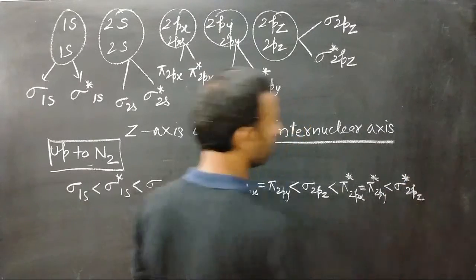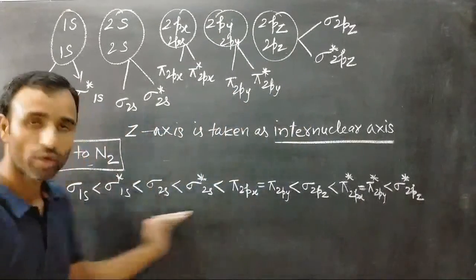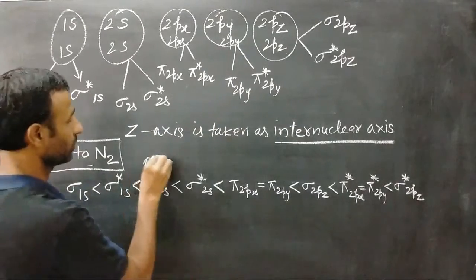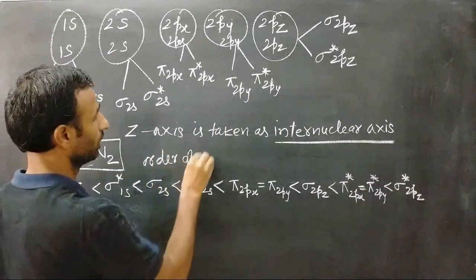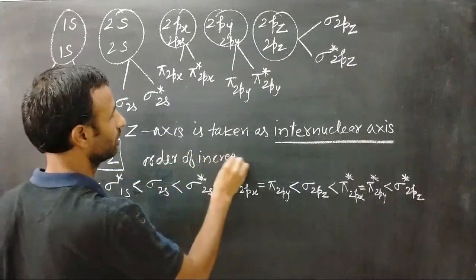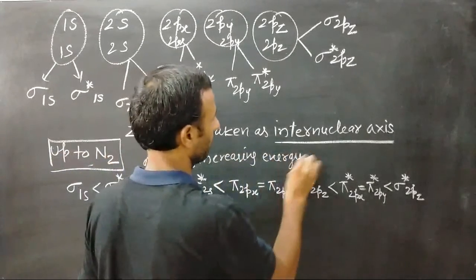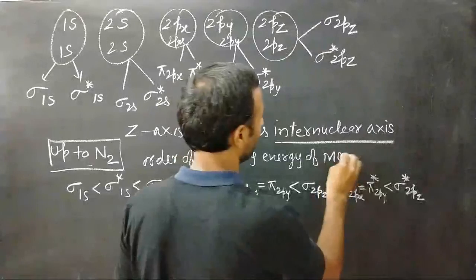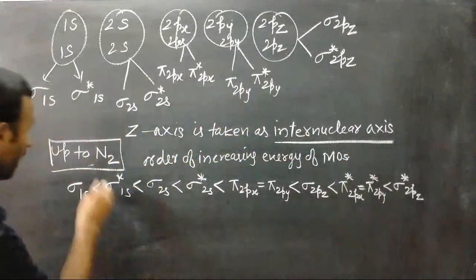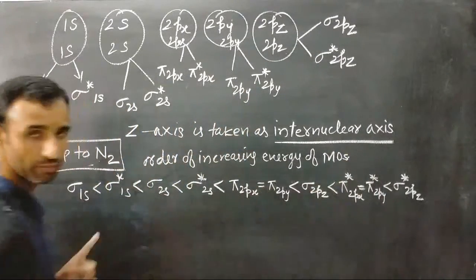This is the order of increasing energies of molecular orbitals up to nitrogen.